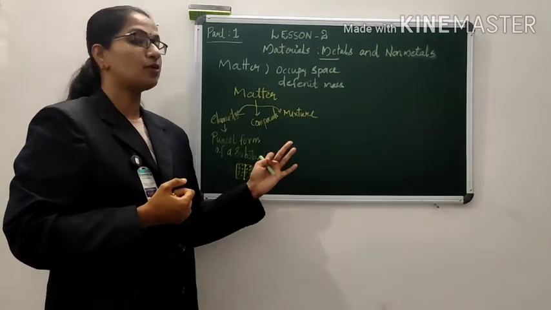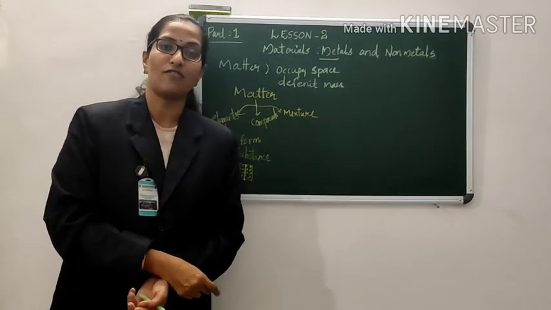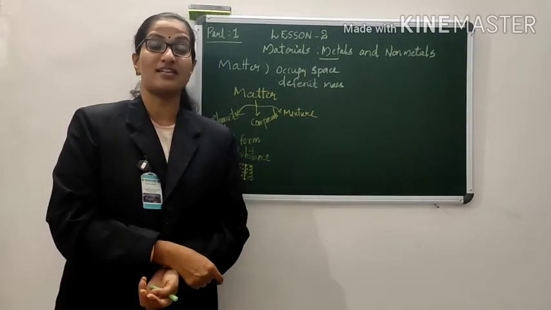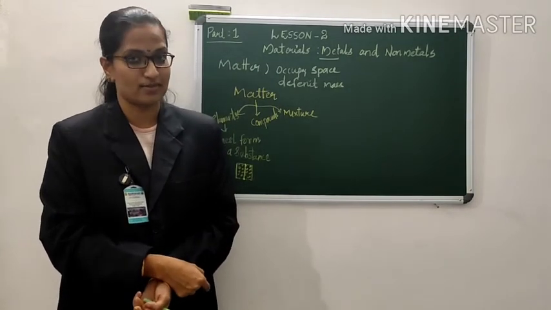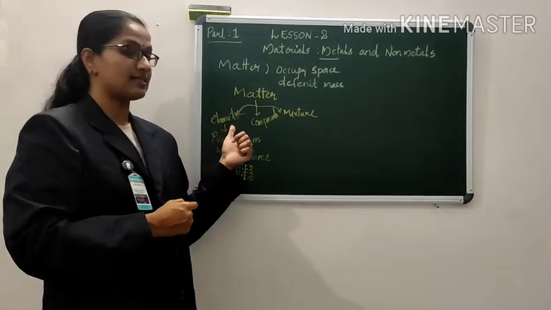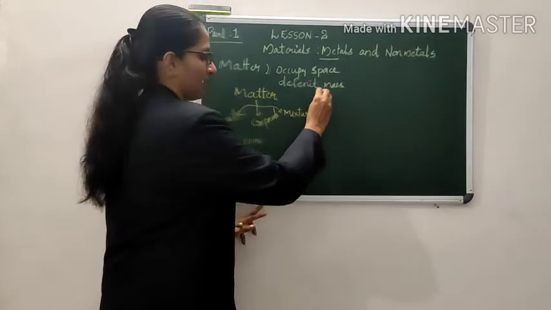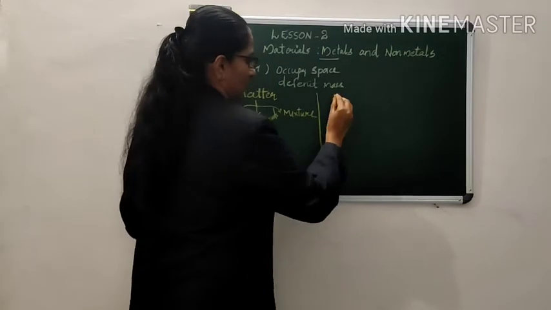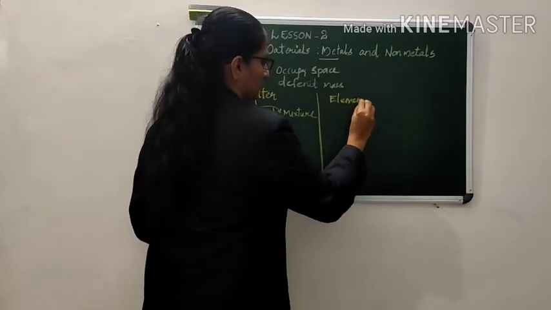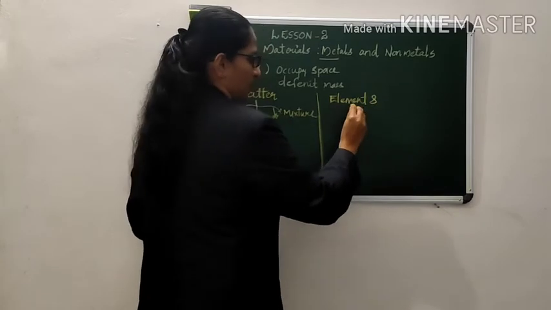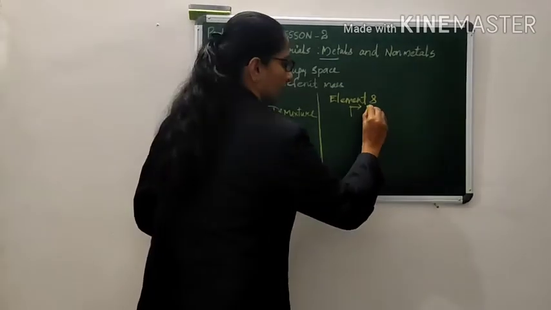Okay, so you know children, who is the father of chemistry? The father of chemistry is known as Antoine Lavoisier. He classified the elements into 3. The first classification is the metals.